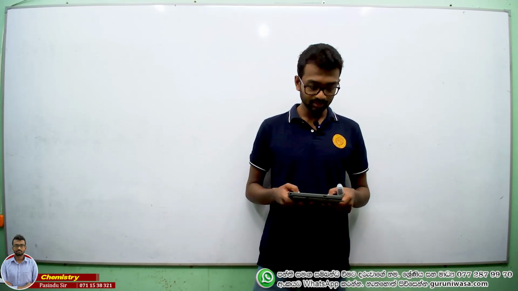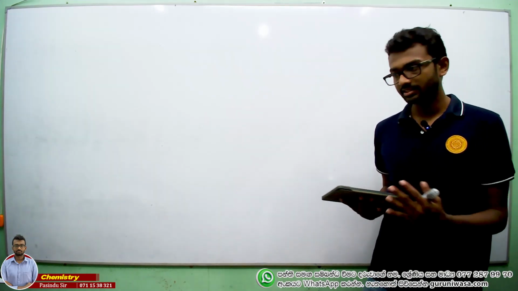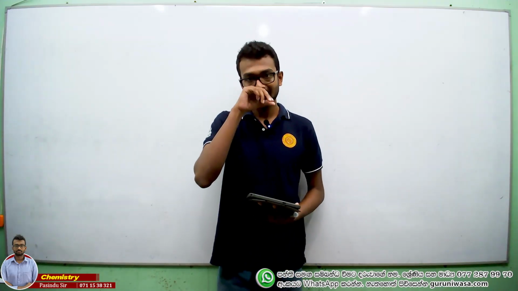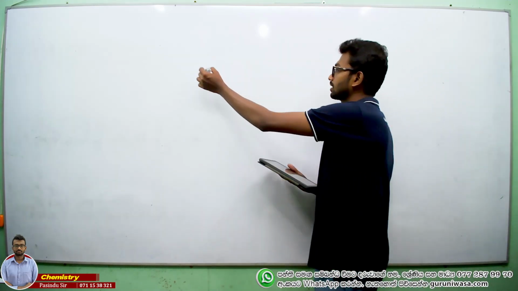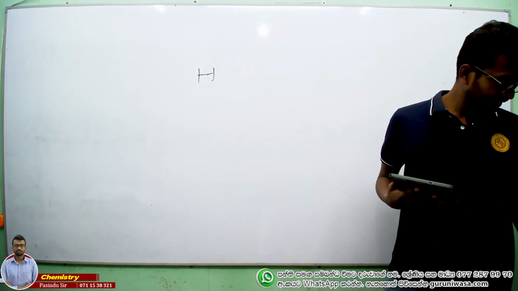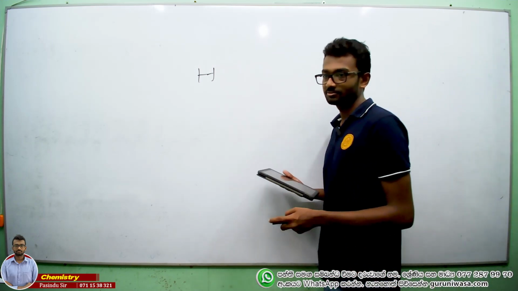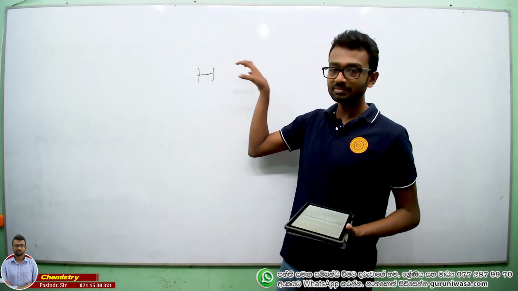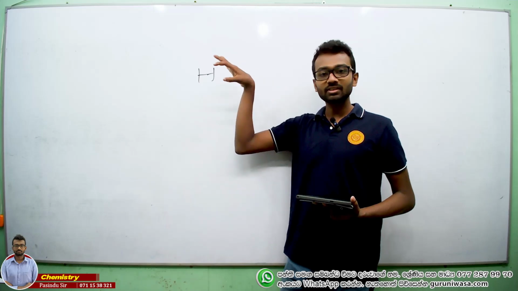In here, when we go through group 1, just think about group 1. What is the first group 1 element? The first group 1 element is hydrogen, as you know, right? Actually, nowadays in some periodic tables, they put hydrogen and helium in the middle. The reason is it's very different.